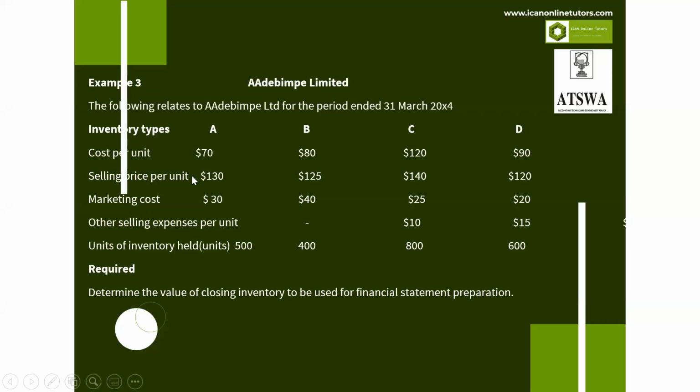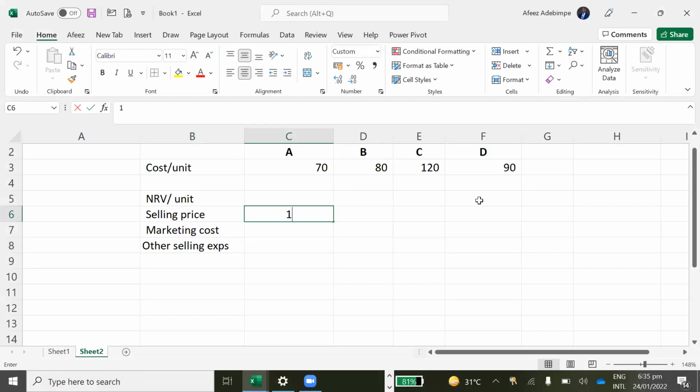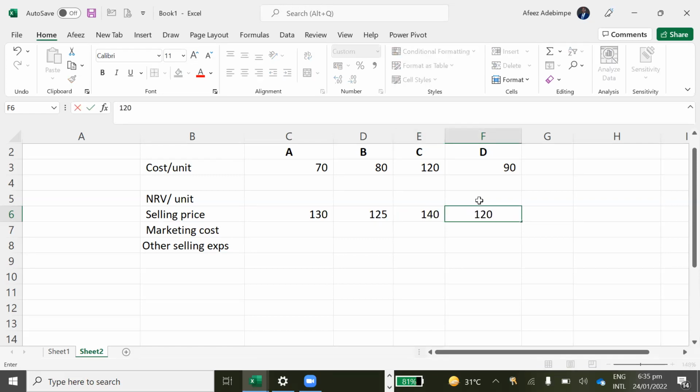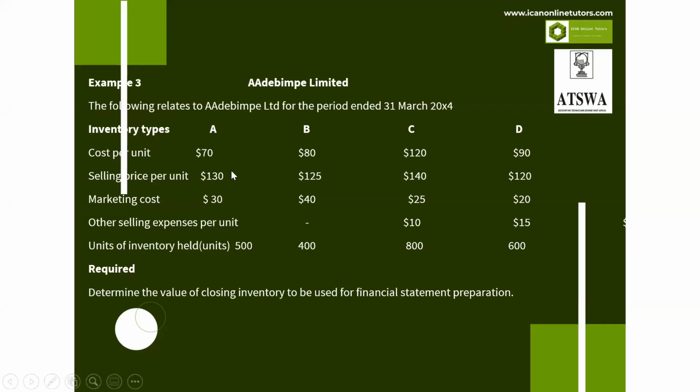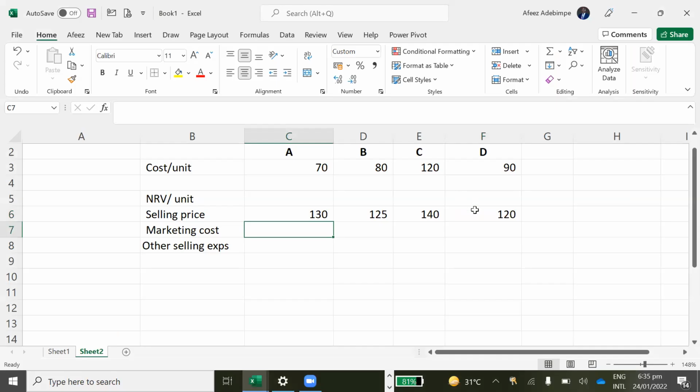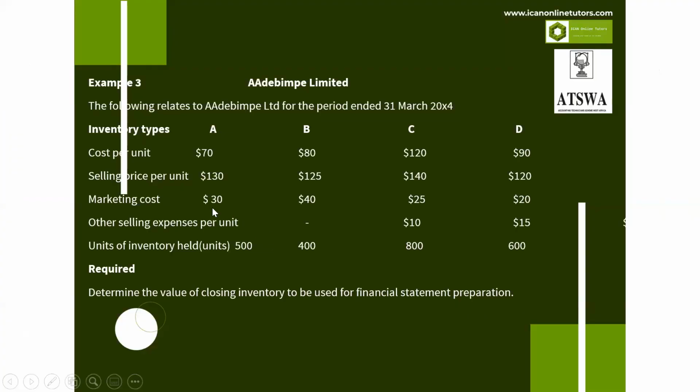Yes. So my selling price for A is 130, for B 125, 140, 120. Now I have my marketing cost: 30, 40, 25, 20.